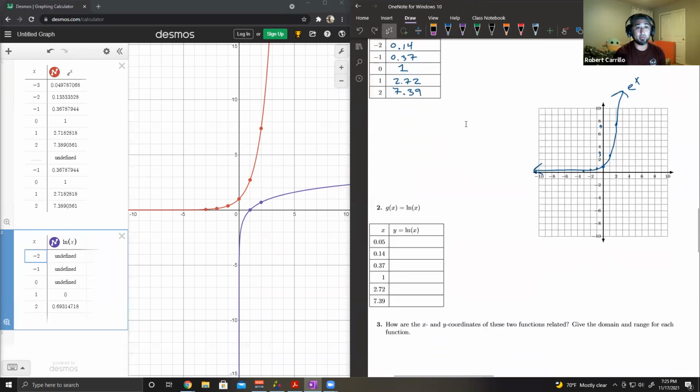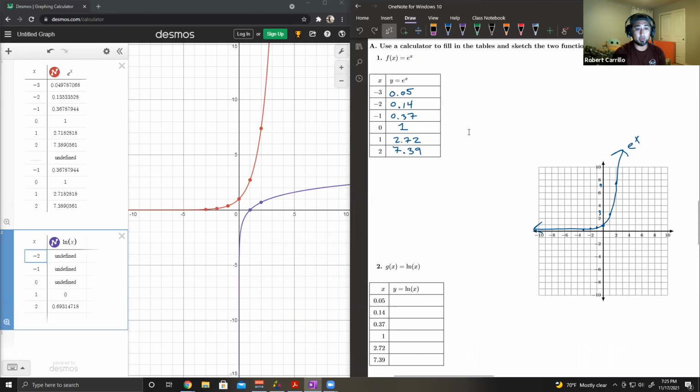So this means at 0.05, you'll get -3. At 0.14, you'll get -2, and then -1, and then 0, 1, 2. So again, we just take these coordinates, flip them around.